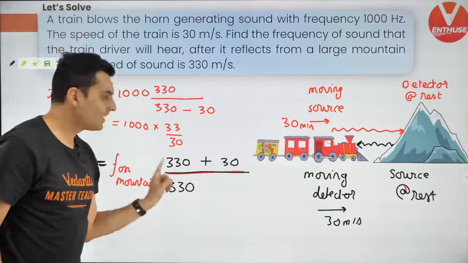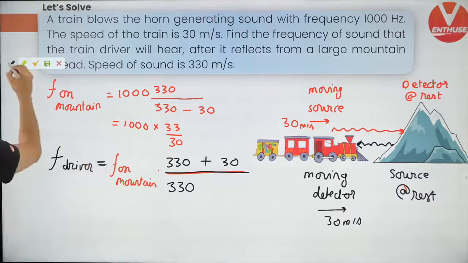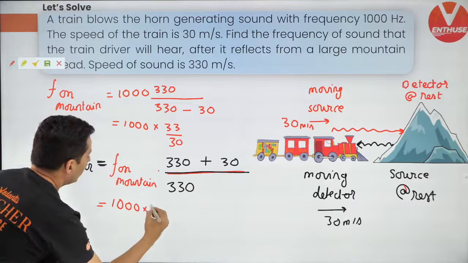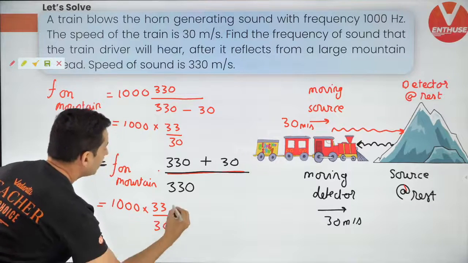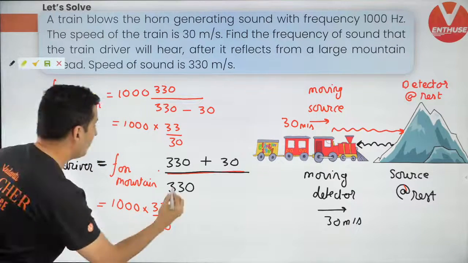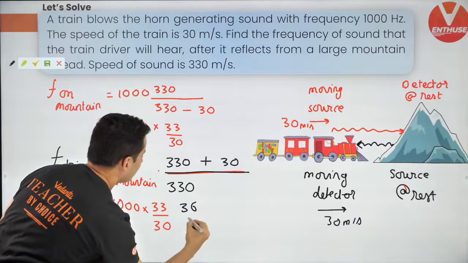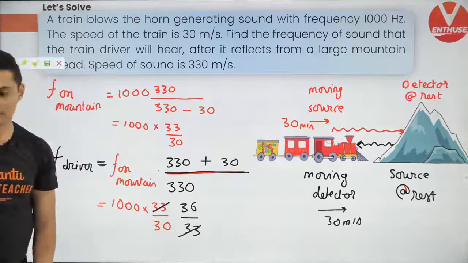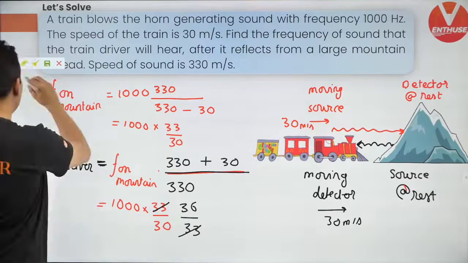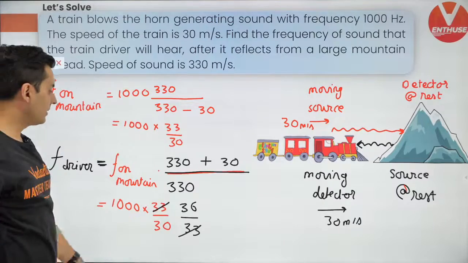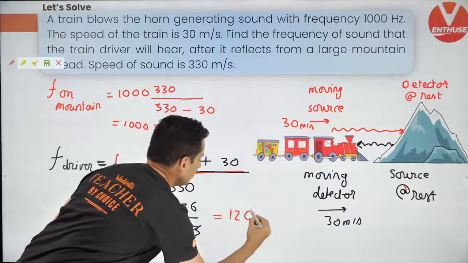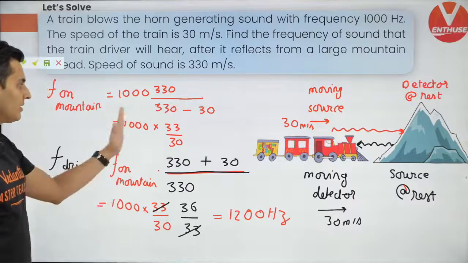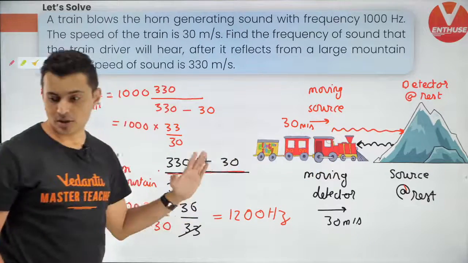Now this value you take from here, which is 1000 multiplied by 33 divided by 30, and this value is 36 divided by 33. 33 will cancel and you will get the answer. I hope this is clear now. Everybody understanding this? So this will become 1200 Hertz. This is how you solve the problems on reflection of sound.